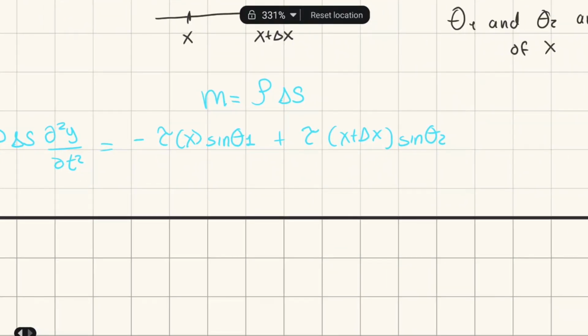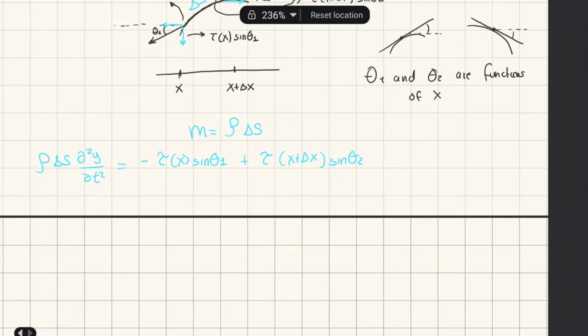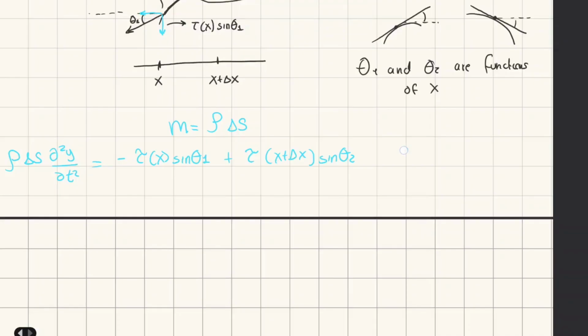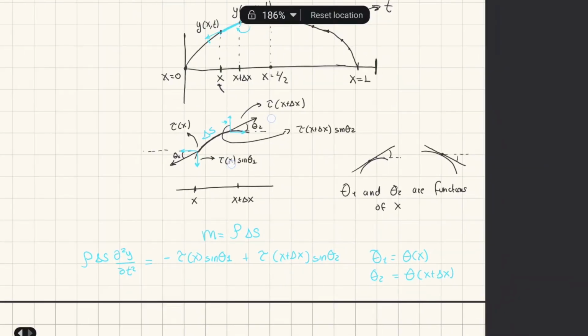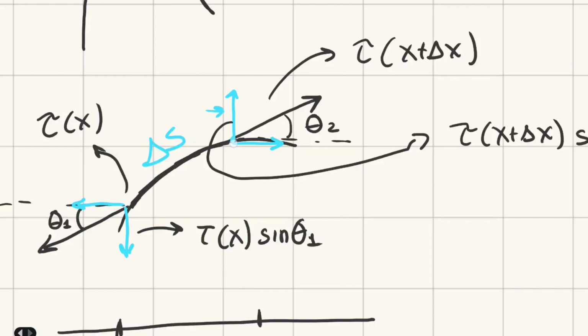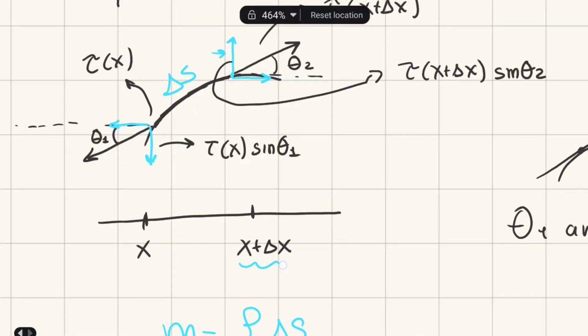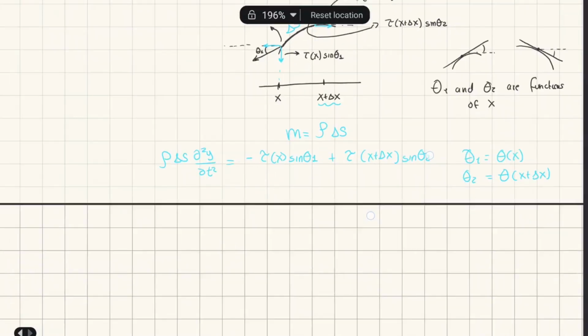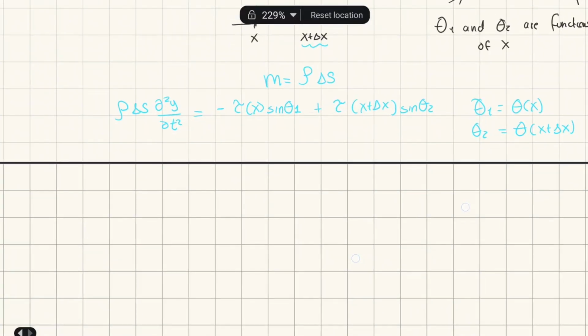Since we mentioned that theta 1 and theta 2 are functions of the position, it's easy to see that theta 1 is equal to theta of x, and theta 2 is equal to theta of x plus delta x, because theta 2 is at the point x plus delta x, and theta 1 is at the position of x.